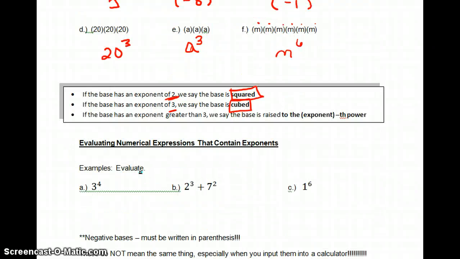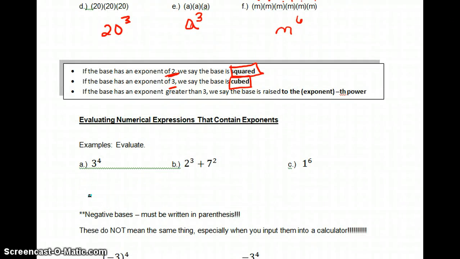Now, when we are evaluating your exponents, you should know how to punch these into your calculator. I do not at any point in time expect you to evaluate exponents in memory.